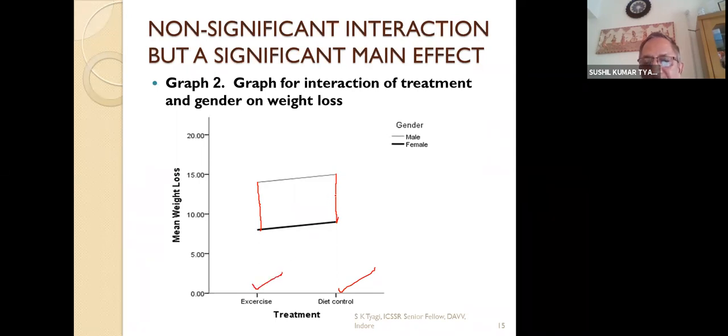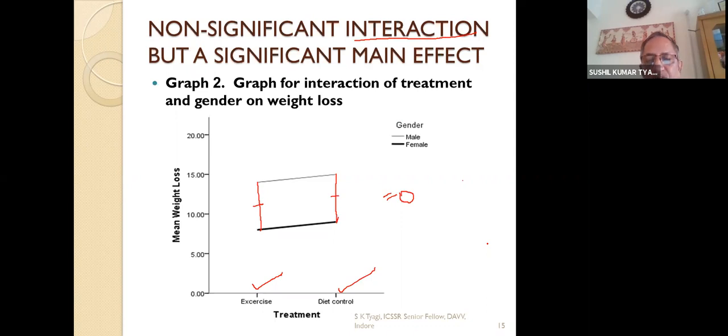Now, what is the difference between these two differences? 0. The difference between these two differences is 0. It means males lose more weight than females in both diet control as well as exercise treatment groups. Therefore, there is no interaction. I think now it should be clear because the difference of difference is 0. So remember this formula, difference of difference. Interpreting interaction means interpreting difference of difference.